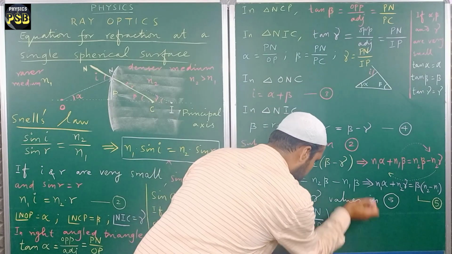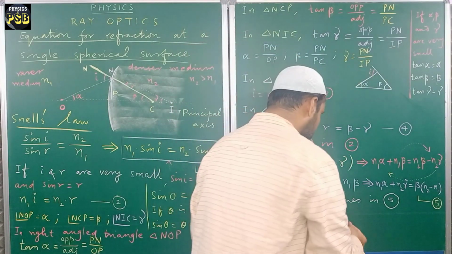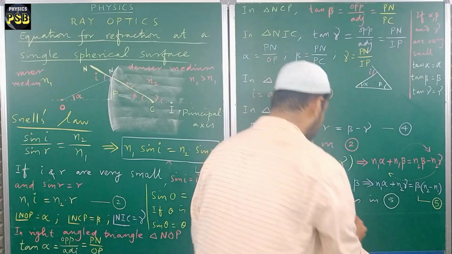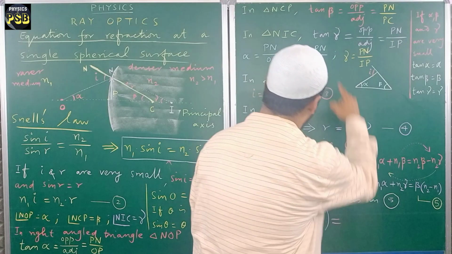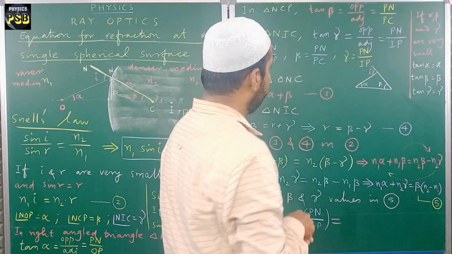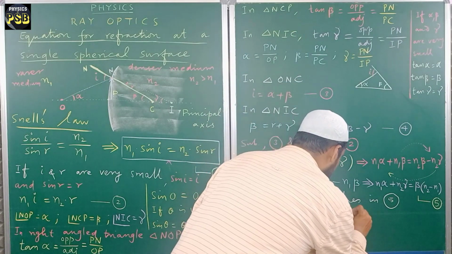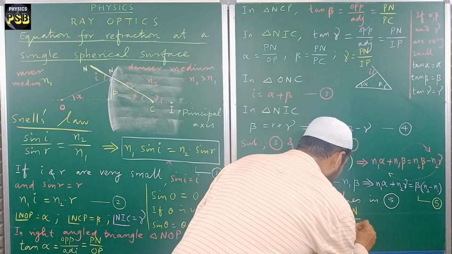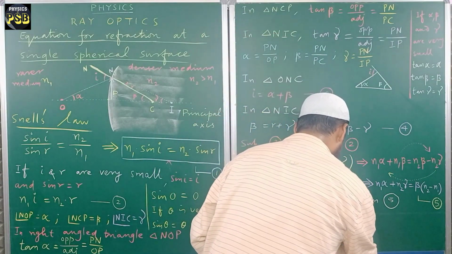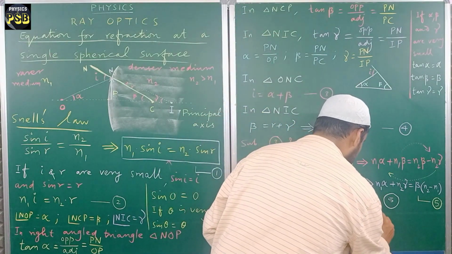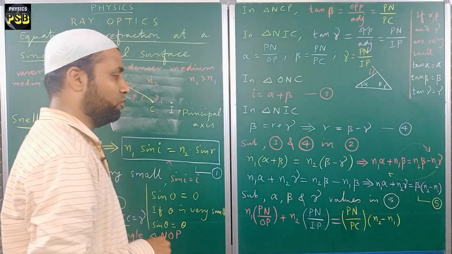And here I should mention the value of beta. What is the value of beta? Beta value is nothing but Pn upon Pc, multiplied with n2 minus n1.